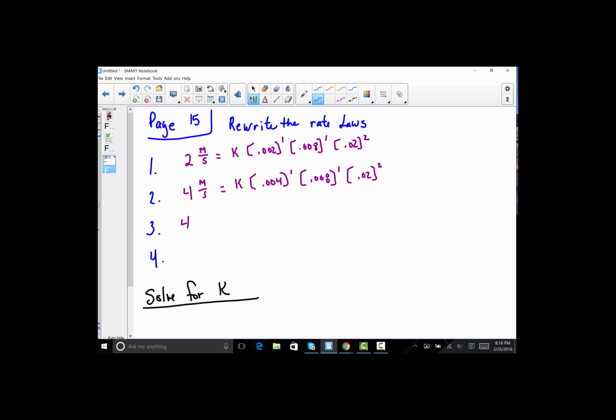We also found a relative rate of 4 for trial 3 when the concentration went back to 0.02, first order, 0.016, first order, 0.02, second order. And we'll do one more, and you can finish off that fifth one. 8 molar per second is k.